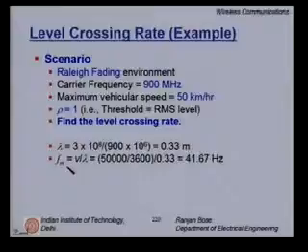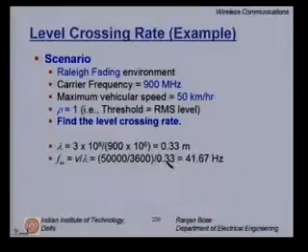The maximum Doppler shift is V cos theta divided by lambda, but let us assume that theta is equal to 0. So, it is V over lambda. 50,000 meters per hour divided by 3600 seconds per hour.